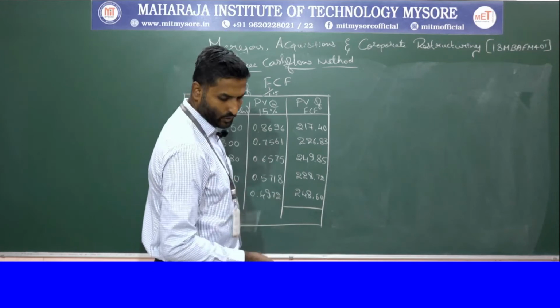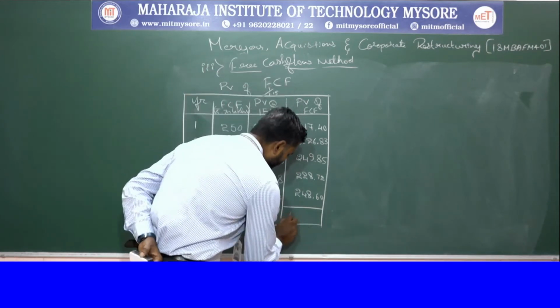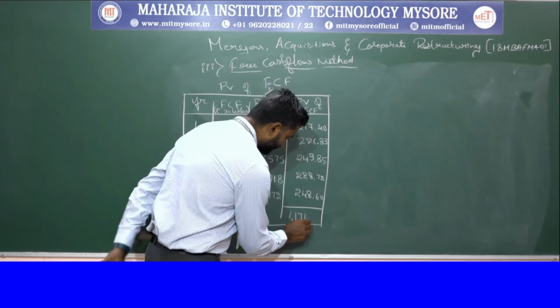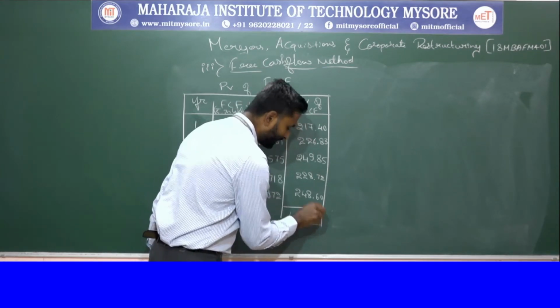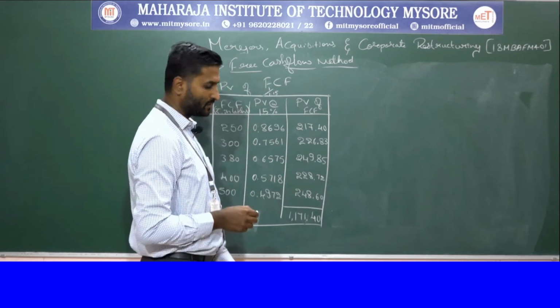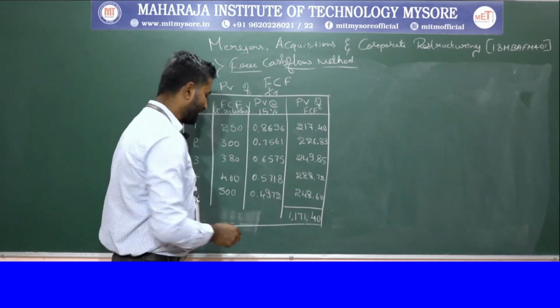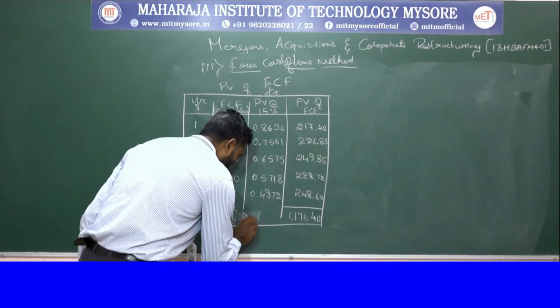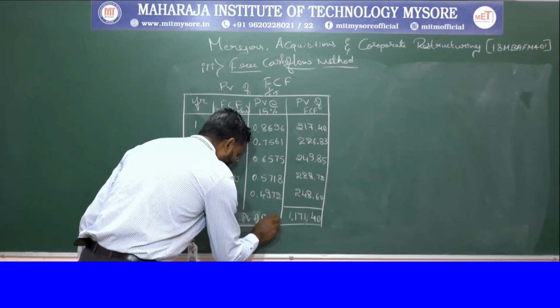When we take the total, it becomes 1171.40, the total of PV of FCF.